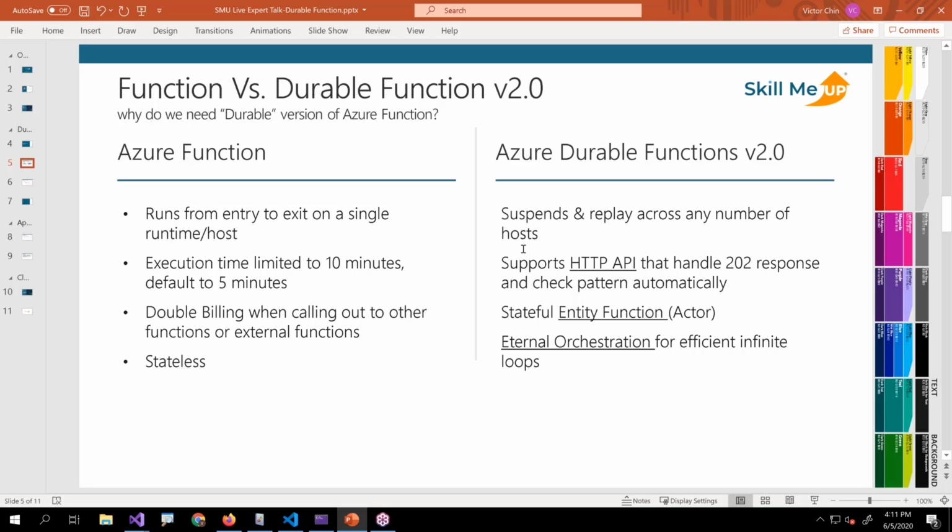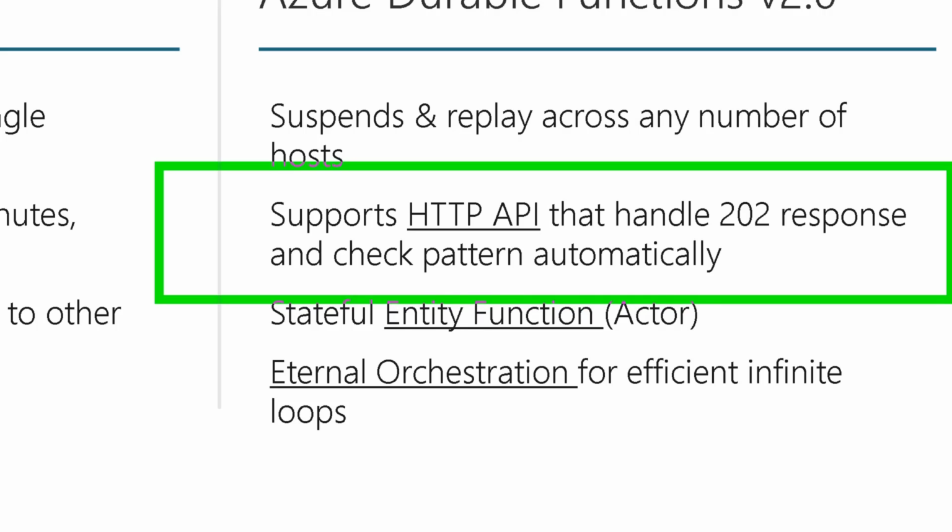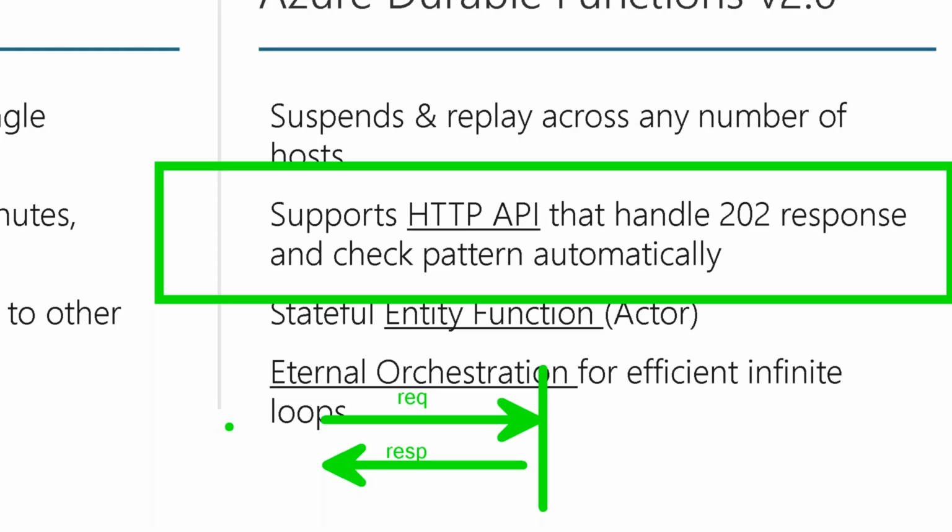Okay. Now, to understand durable function, we also need to make sure I explain what this 202 response means. Now, remember, HTTP is a request and response. So that means that a request is not done until a response is received. Oftentimes, these requests may not be fulfilled within a reasonable amount of time.